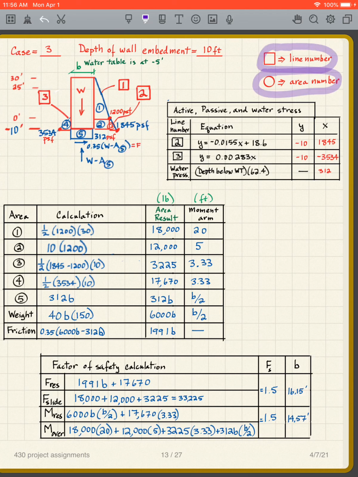It's these symbols, so the square means the line number, because we've been talking about line numbers here. The circle is the area number. So in other words, this is a line number. These are all line numbers, and these are all area numbers.